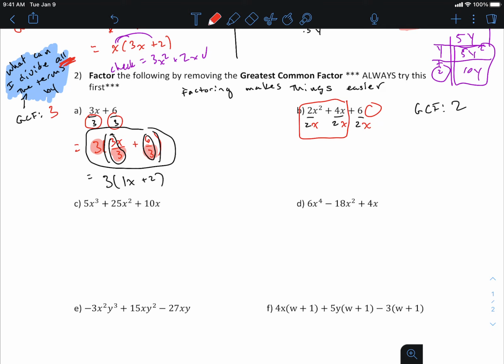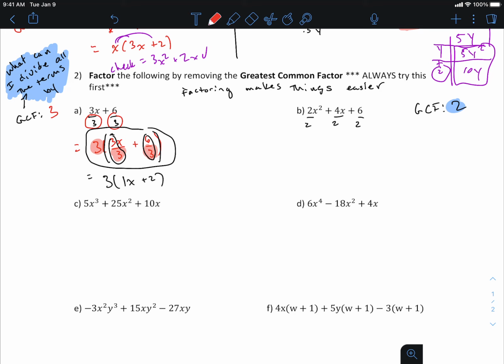So that one doesn't work. You can't include the variable on this one because you can't divide them all by x, because there's no x on the end, right? So that makes your life a little bit easier, since your greatest common factor is just 2, right?